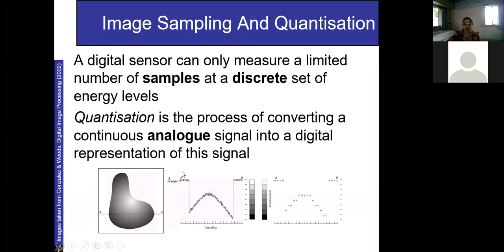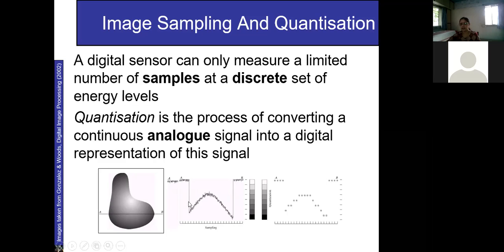And now, instead of a continuous amplitude signal, if we quantize this amplitude axis, we get a quantized signal. If we discretize this vertical axis, we get a quantized signal. After sampling, if you observe these sampled values, their amplitude is still continuous in nature. So when we discretize this amplitude axis, we get a quantized signal.